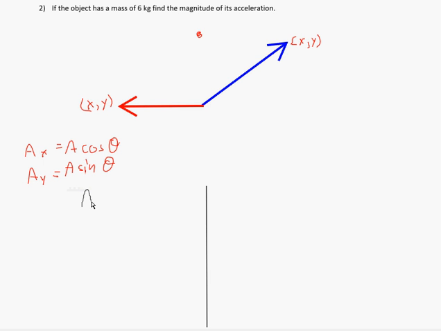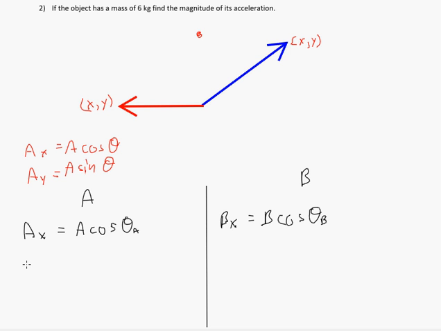I'm going to make this side of my paper for A and this side of my paper for B. I'm going to say ax equals a cos theta, and bx equals b cos theta. These are different thetas, so to be more specific, I call it theta A, and this is theta B. I don't want you to think they're the same theta.